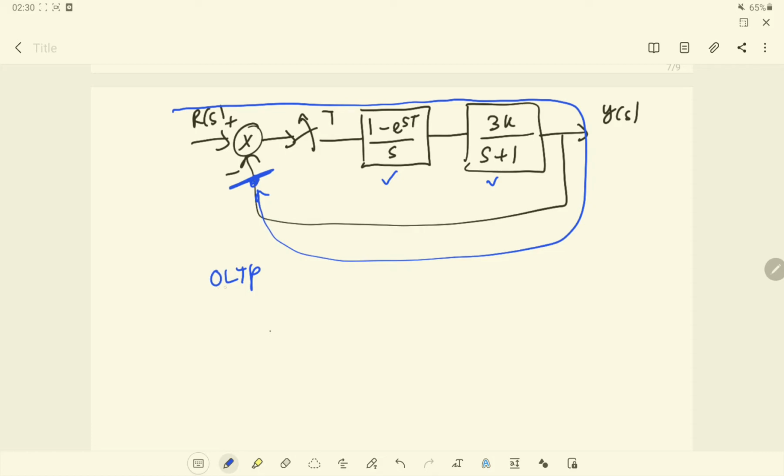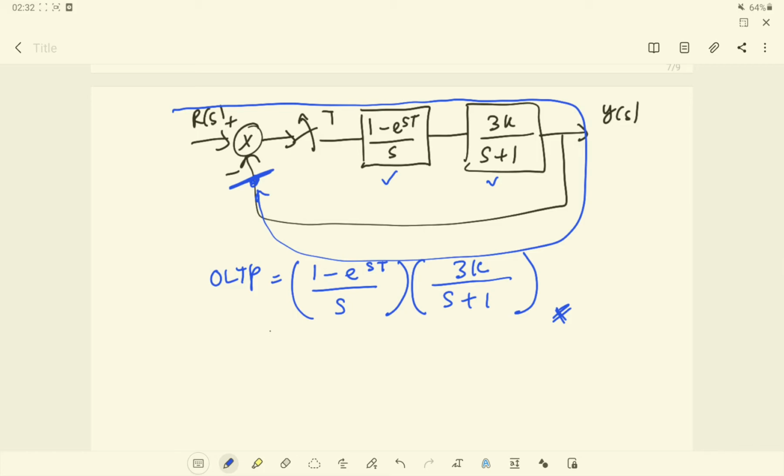The open loop transfer function for this particular system is equal to (1 minus exponent minus sT) over s, times 3K over (s plus 1). So this is the open loop transfer function, but everything is in continuous form.